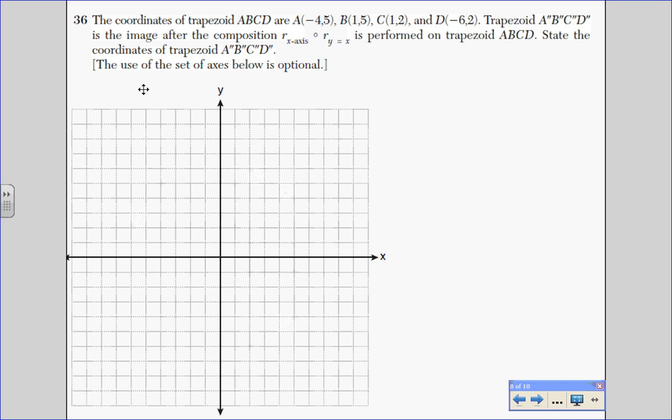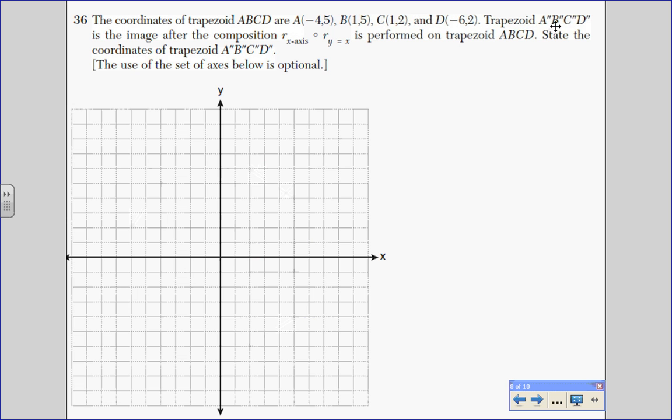Today we are going to be going over problem number 36 from the June 2012 geometry regents. The coordinates of trapezoid ABCD are A(-4, 5), B(1, 5), C(1, 2), and D(-6, 2).